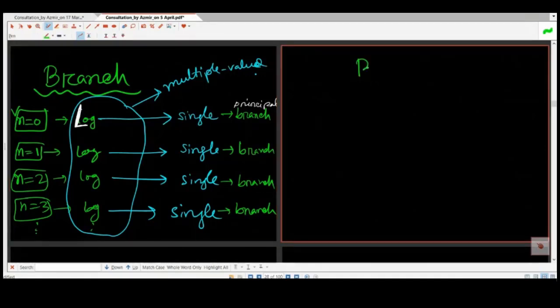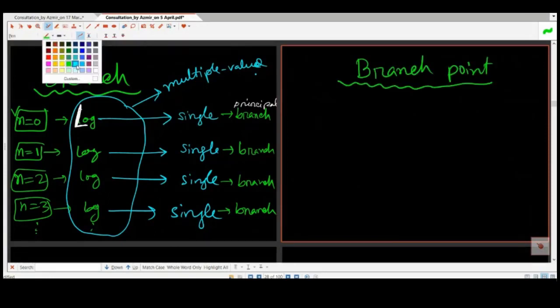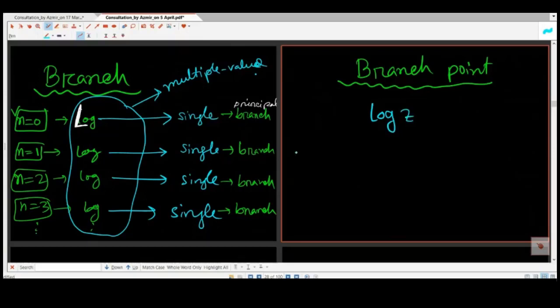Now let's talk about branch point. For our convenience, we are writing log z. Any complex number z is equal to x plus y i, and w equals u plus v i.